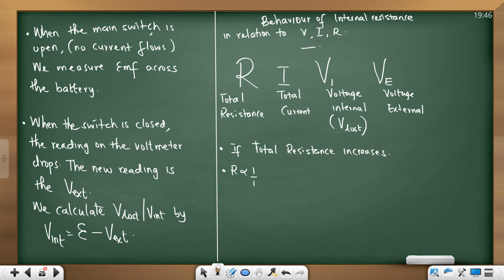R is inversely proportional to I. So what happens? The total current does what? Decreases. The total current. You don't need to cram it. I'm just going to use the law that you know.